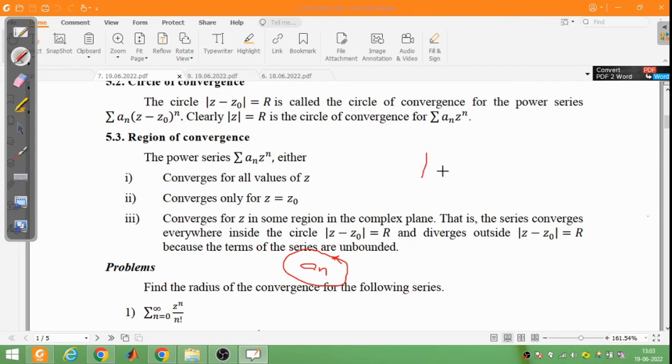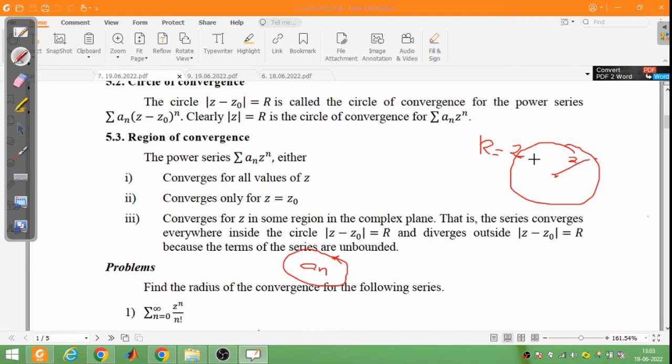If you find the circle of convergence, the radius of convergence is nothing but this: if the radius of convergence is 2, you draw a circle with center at a point and radius 2. That is the circle of convergence.